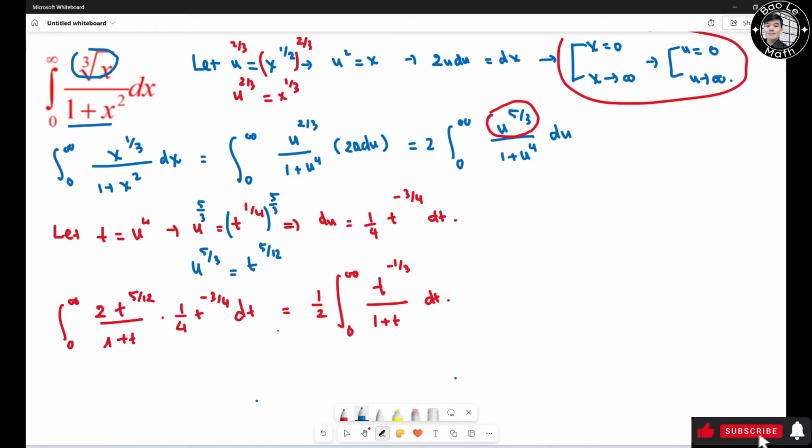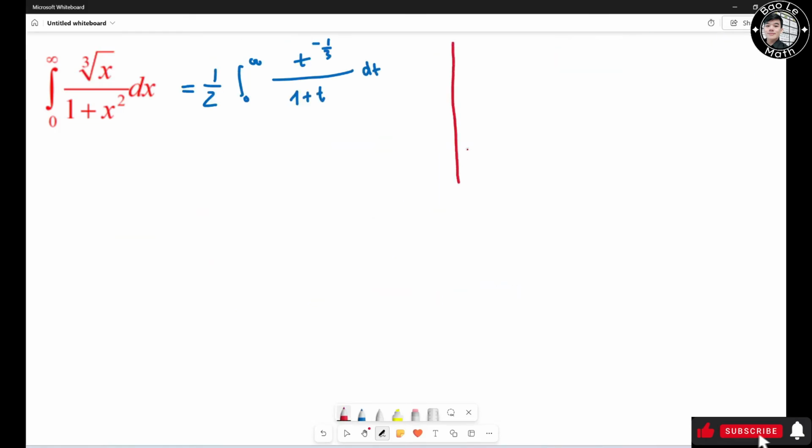The reason why I did it this way is because I'm trying to convert this into the beta function. So this is actually related to the beta function. Now recall, the beta function has the form over the interval 0 to infinity: B(s, y) equals the integral from 0 to infinity of t to the s minus 1 over 1 plus t, altogether raised to the s plus y, dt.